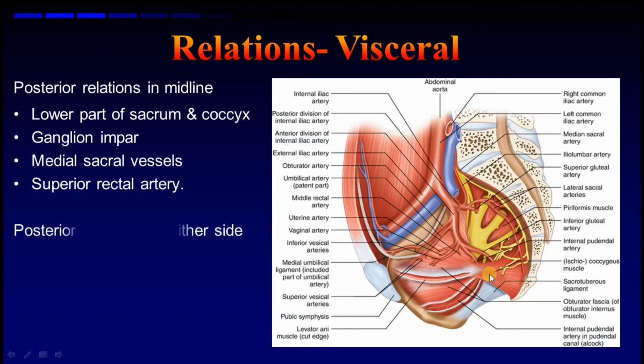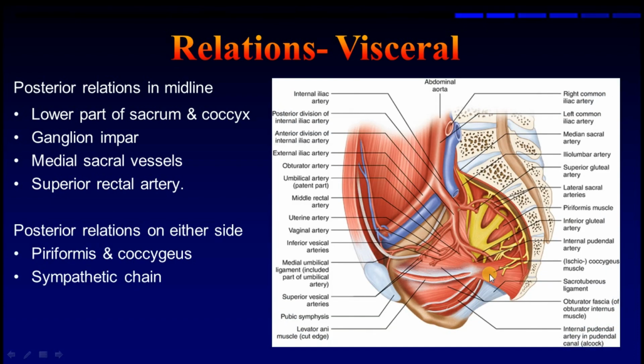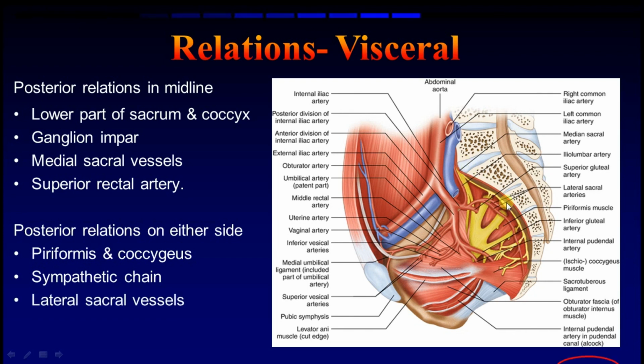Okay, so these are the pelvic splanchnic nerves, and then the sympathetic chain, piriformis muscle, coccygeus muscle. All these form the posterolateral relations, and then here in the midline median sacral artery you are able to see, and laterally you have the lateral sacral vessels. That is the lateral sacral vessels, and in the midline median sacral artery, which is the direct continuation of the abdominal aorta, last branch of the abdominal aorta before it actually divides into the common iliac arteries.